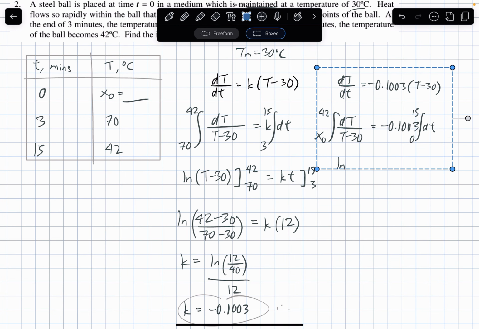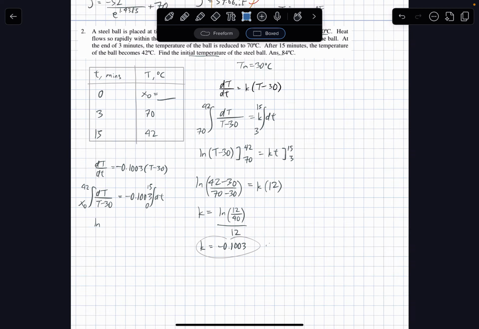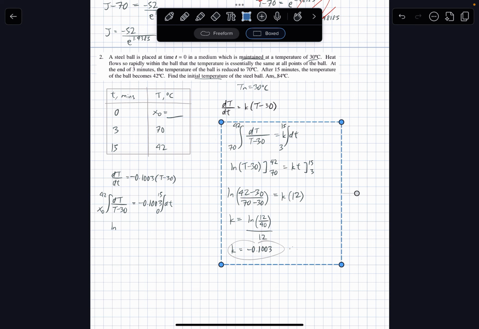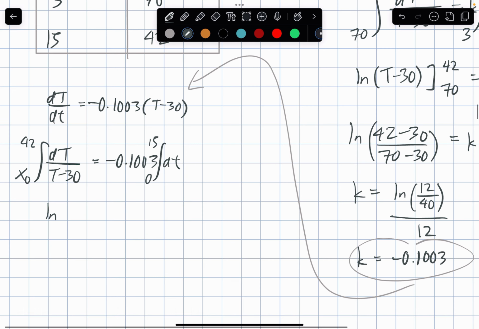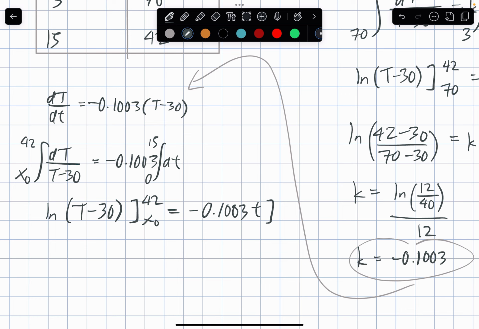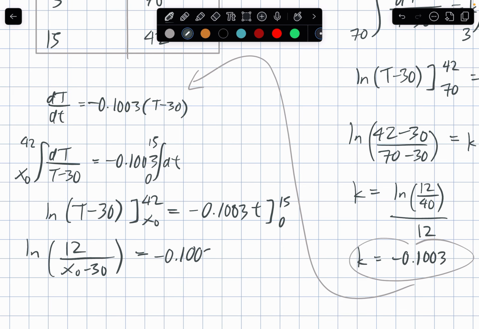It's kind of crowded over there. Okay, ln T minus 30, from 42 to x sub o, equal to negative 0.1003 t from 15 to 0. ln of 42 minus 30, which is 12, over x sub 0 minus 30, equal to negative, copy k, 15 minus 0, which is just 15.